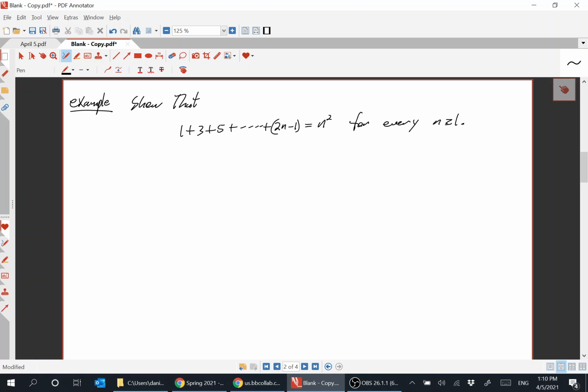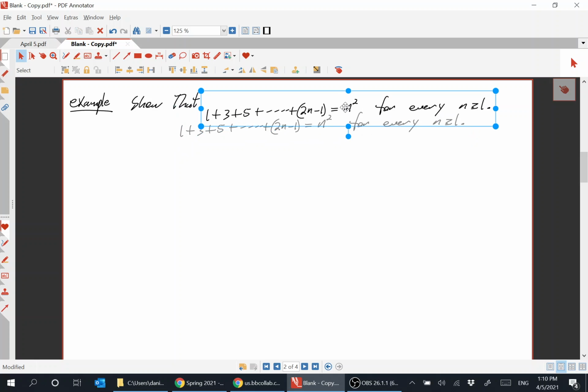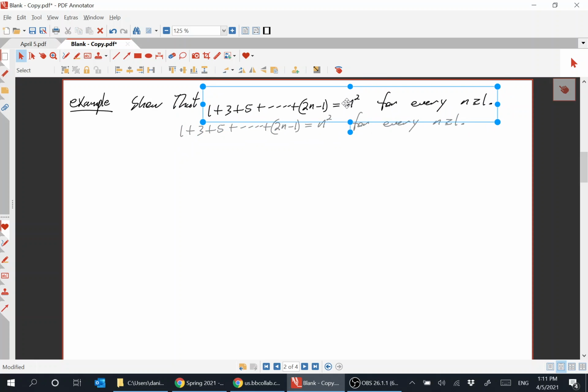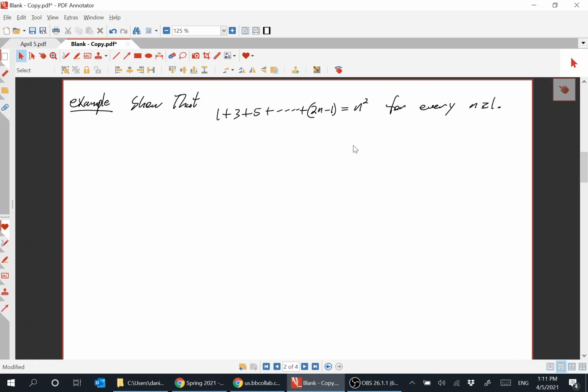Where's the predicate? So in this problem, this equation right here is the predicate. That equation there is either true or it's false for a certain value of n. Now we want to show that it's true for every value of n, at least 1. So that's the predicate.